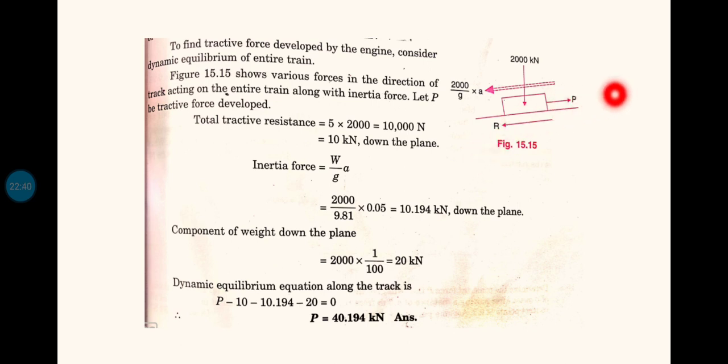And along with this power P, here we will have a tension T in the opposite direction. That tension we got as 30.145 kilonewton. And the inertia force will be, instead of 2000 by G, here 500 by G into A. A will be the same, since both engine and bogies will have the same acceleration. So A is 0.05 itself.